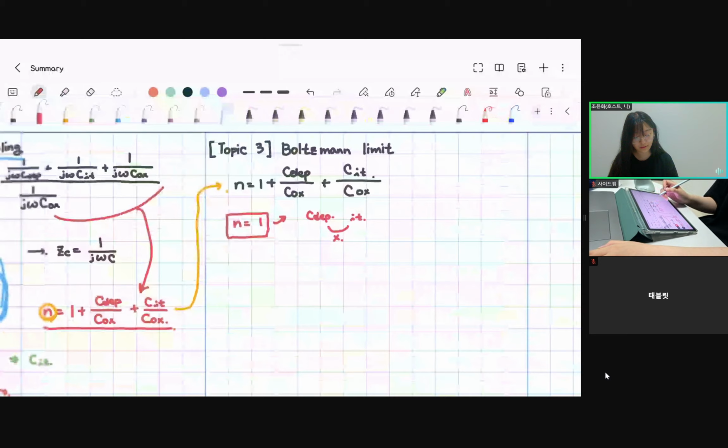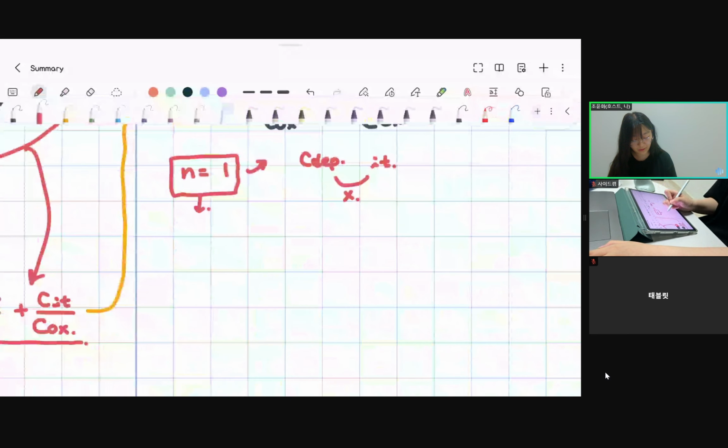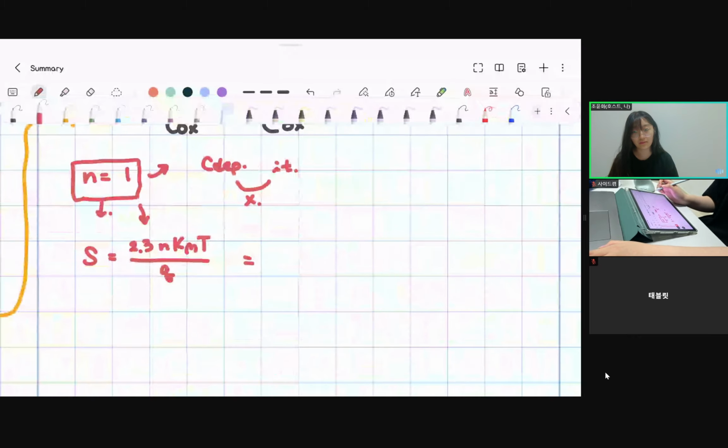So when we put them in the subthreshold swing formula, and consider room temperature here, the result is 60 millivolts per decade.